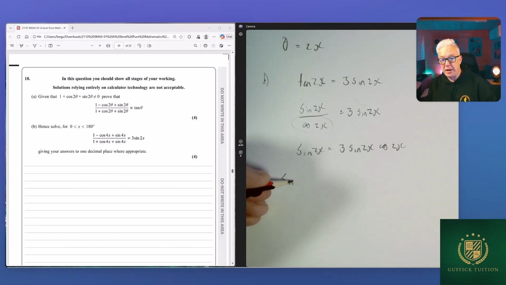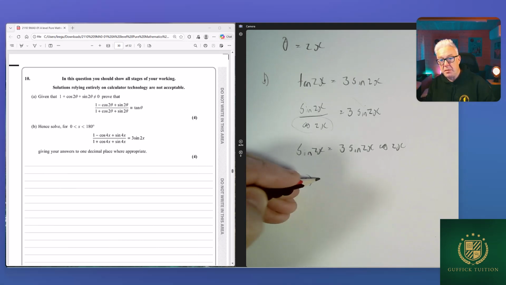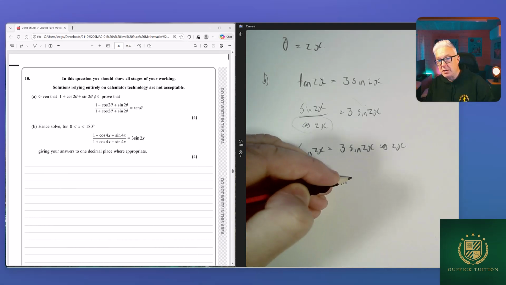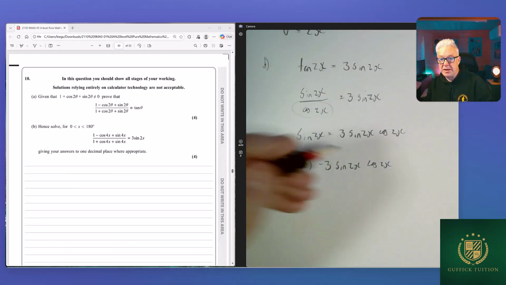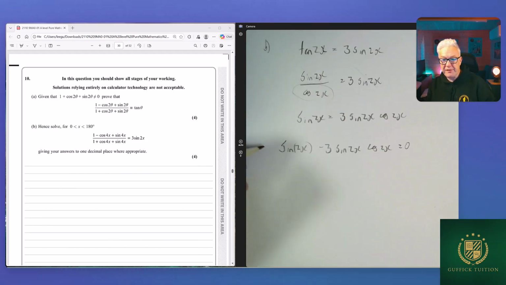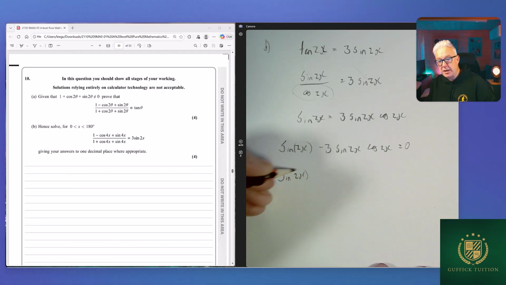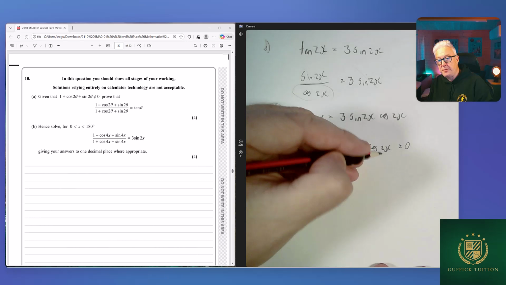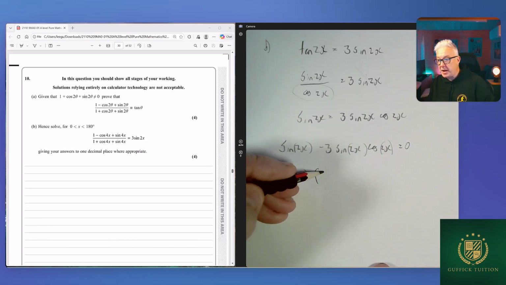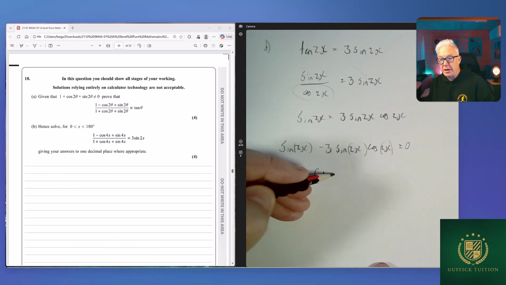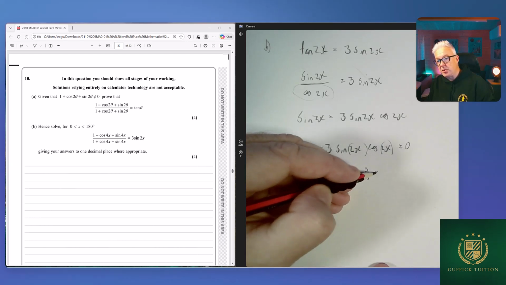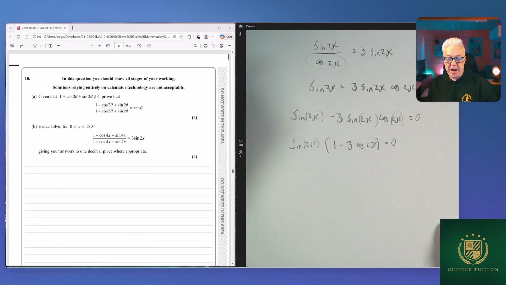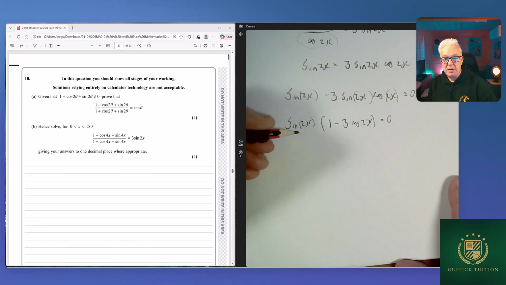So I've got sine 2x minus 3 sine 2x cos 2x is equal to 0. I'm going to factorize out the sine 2x. So sine 2x, open bracket, and that's going to give me 1 minus 3 lots of cos 2x equals 0.